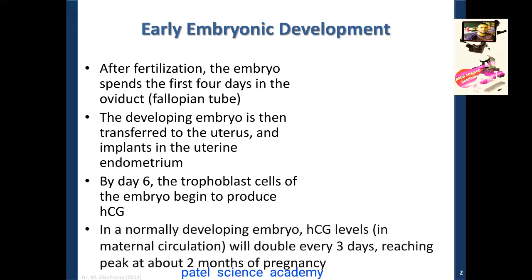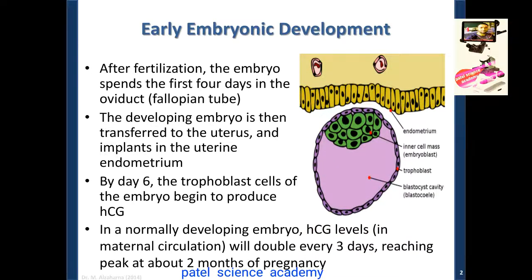In a normally developing embryo, hCG levels in the maternal circulation double every 3 days, reaching a peak at about the second month of pregnancy.